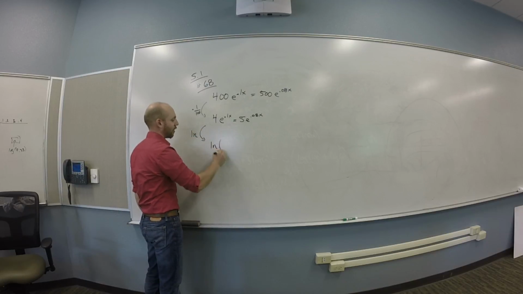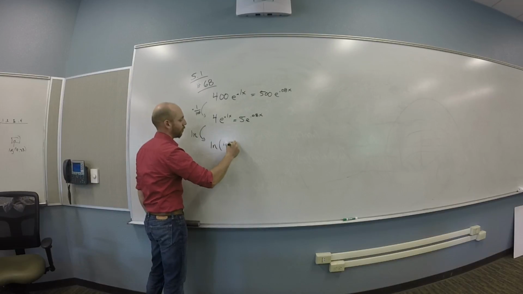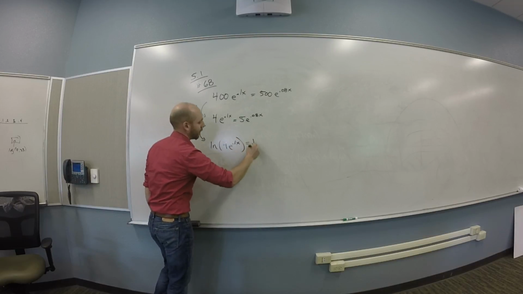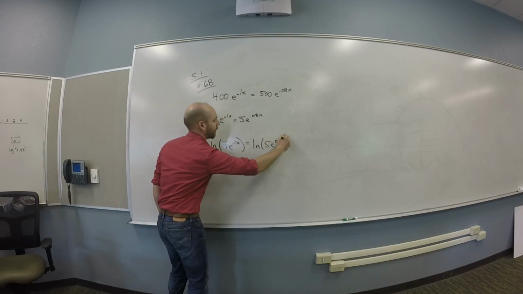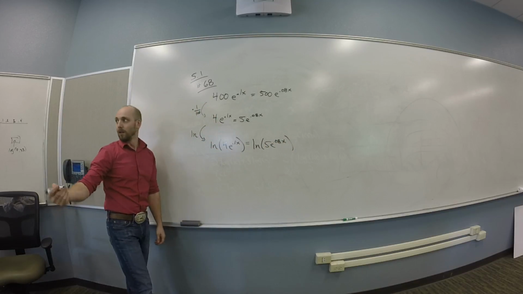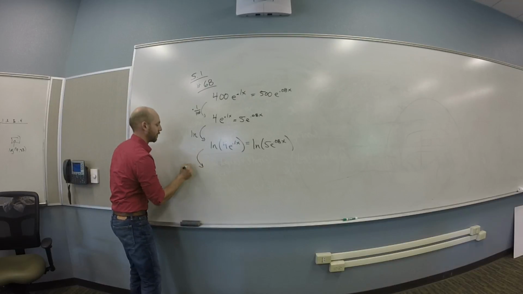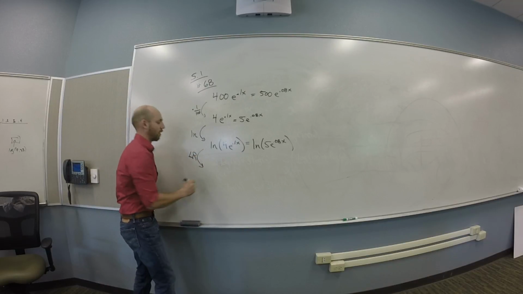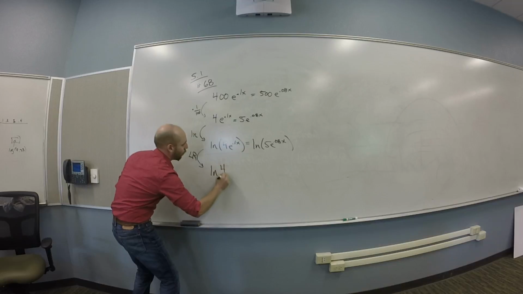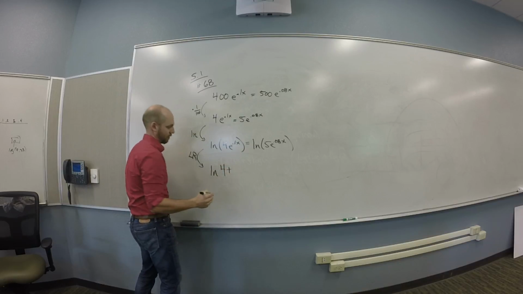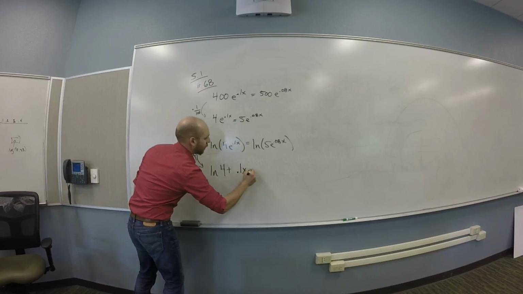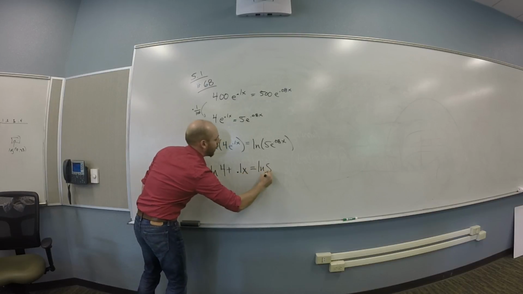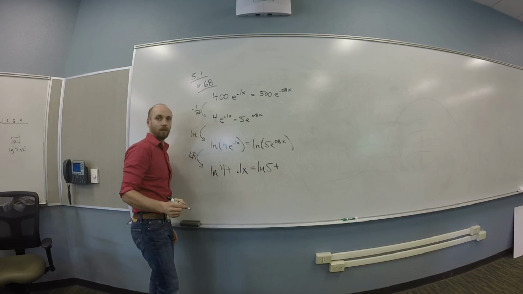So we'll get natural log of 4 e to the 0.1x is natural log of 5 e to the 0.08x. And then log rules split apart. So that'll leave me with log of 4 plus 0.1x is log of 5 plus 0.08x.